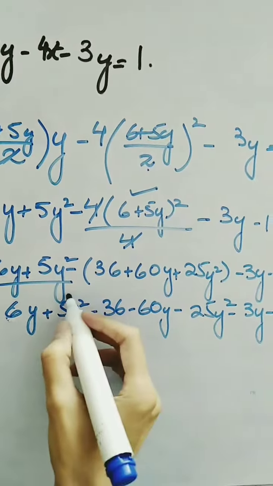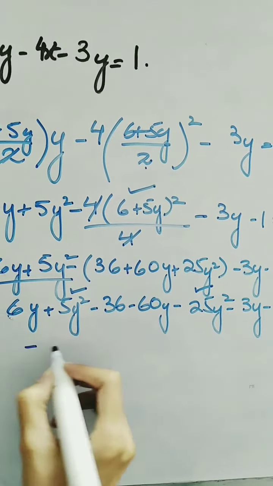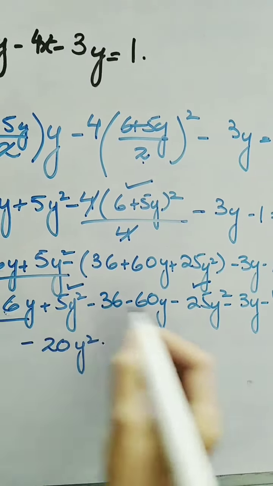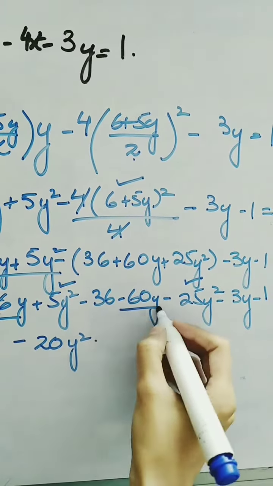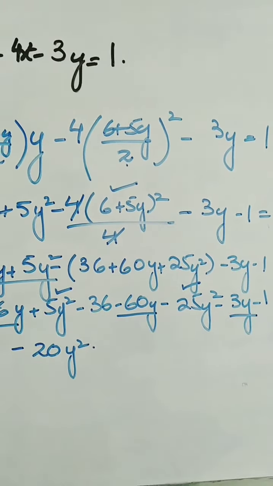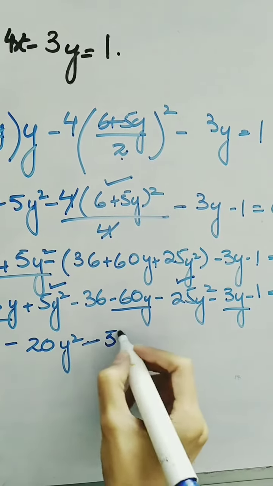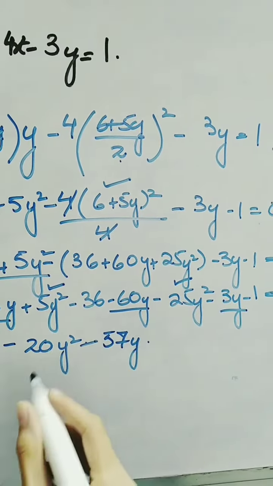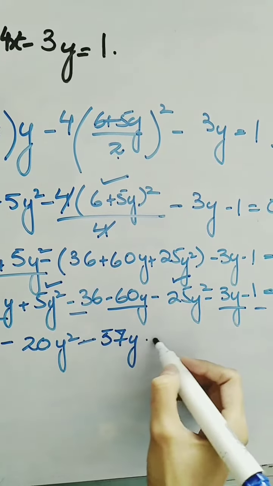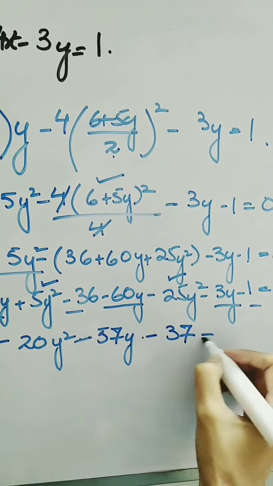Now we have plus 5y square minus 25y square, and it becomes minus 20y square. Now we have 6y minus 60y and minus 3y, so it becomes minus 57y, and we have minus 36 and minus 1, which becomes minus 37.